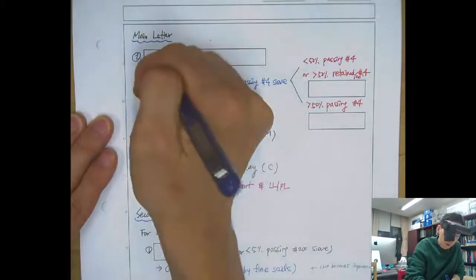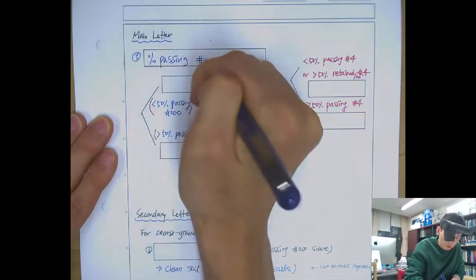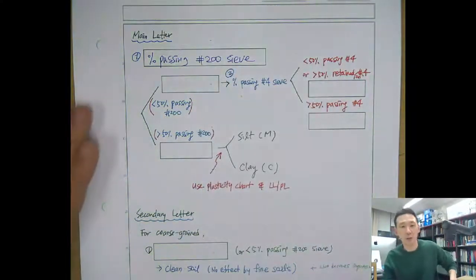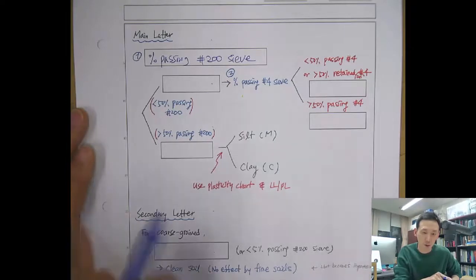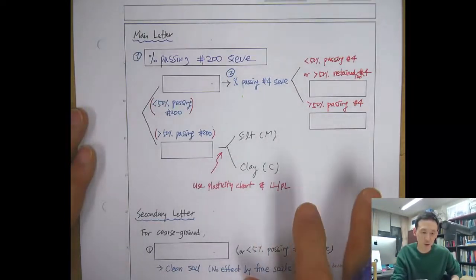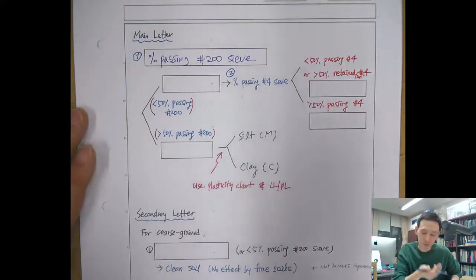First, we use the percent passing the number 200 sieve. The reason we use the number 200 sieve is that it has an opening size of 75 micrometers, and that's the threshold size between the coarse grain soil and the fine grain soil, right? If the soil passes the number 200 sieve, the passed soil will be fine grain soil and the retained soil will be coarse grain soil.